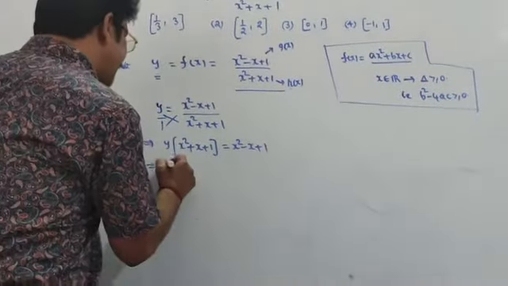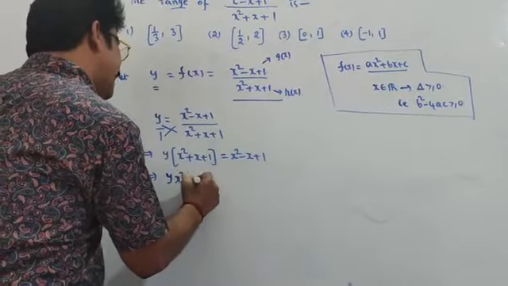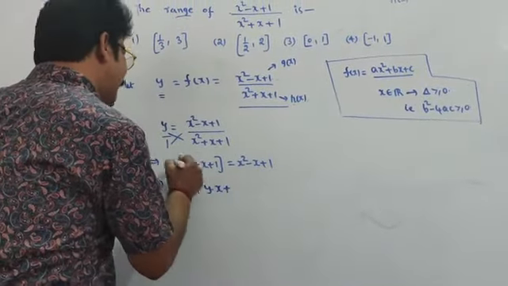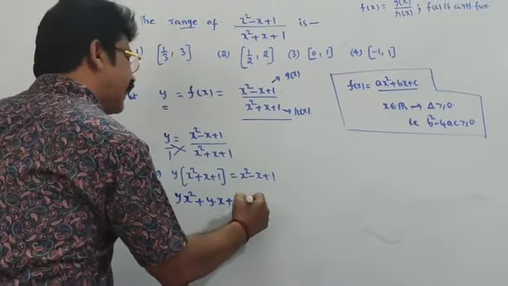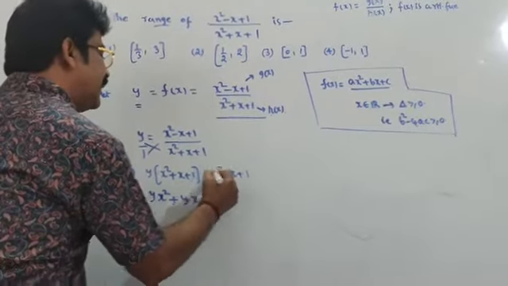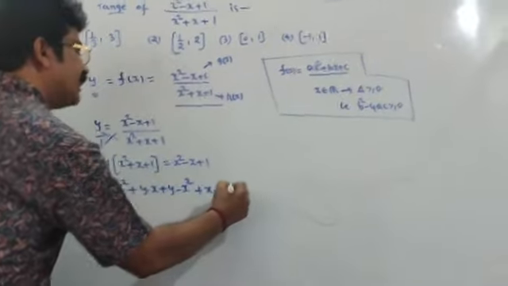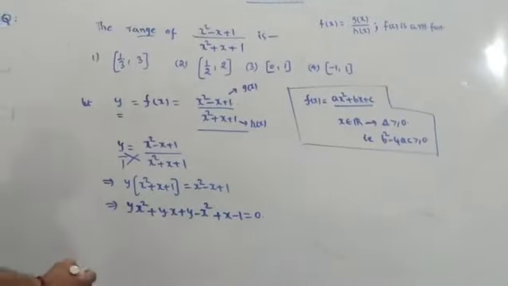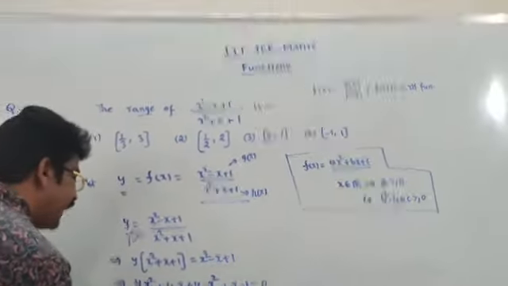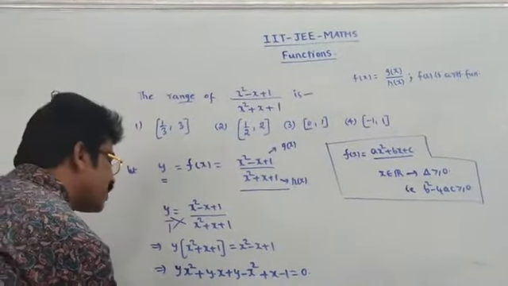So it is y into x square plus y into x plus y into 1, and on the other side it becomes minus x square plus x minus 1, that is equal to 0. Now we are trying to obtain the quadratic equation in terms of x.